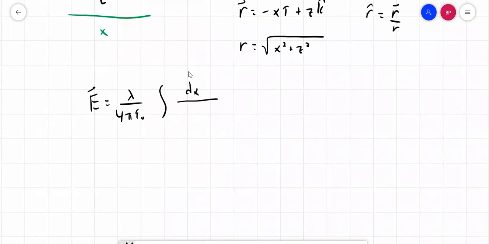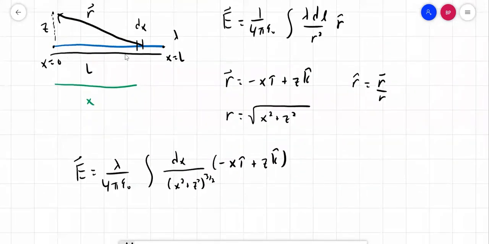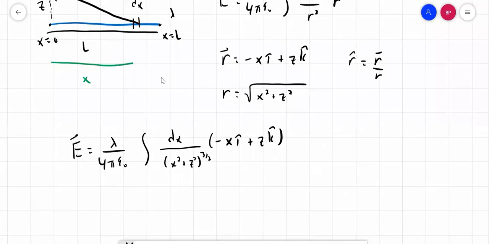This is already to the 1/2 because of the square root. So this is x squared plus z squared to the 3/2. Then we multiply by our full vector, which was minus x in the x direction and plus z in the z direction. And go back up to our picture here. We're charged everywhere from x equals 0 all the way up to x is equal to L. So we integrate from 0 to L.